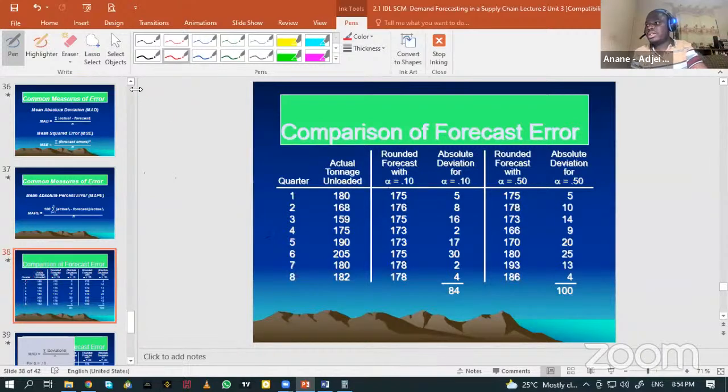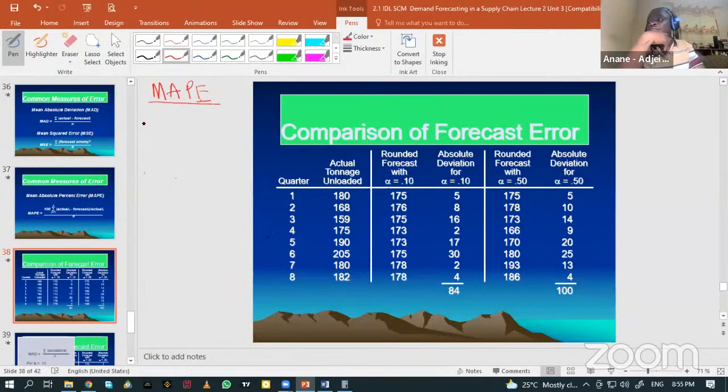We call it the mean absolute percentage error, the MAPE. I don't know how you want to call it.